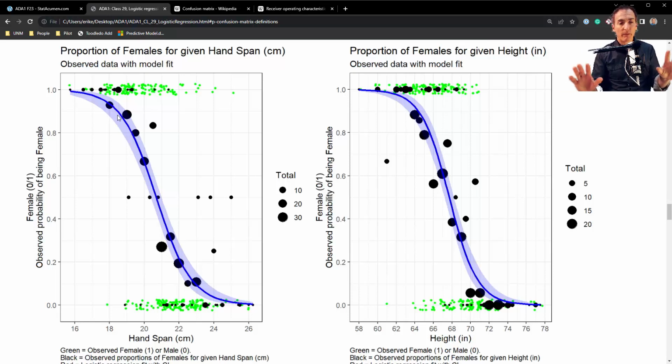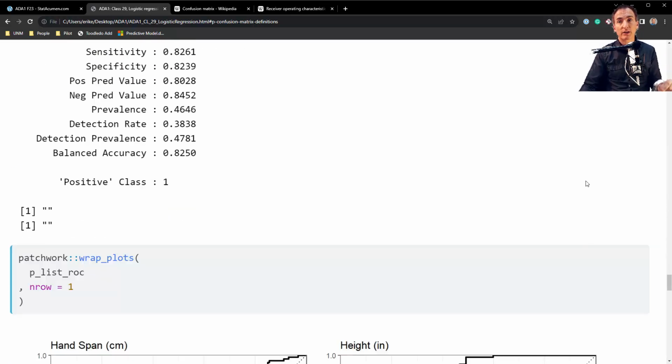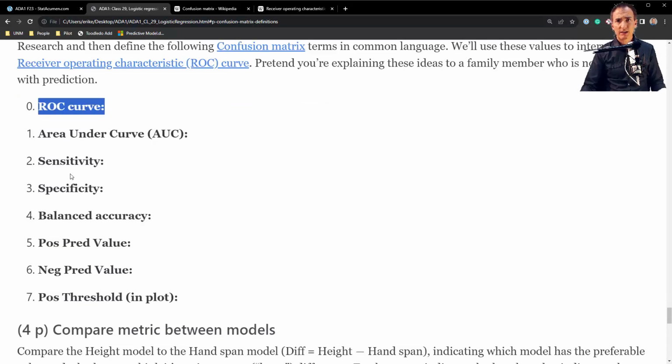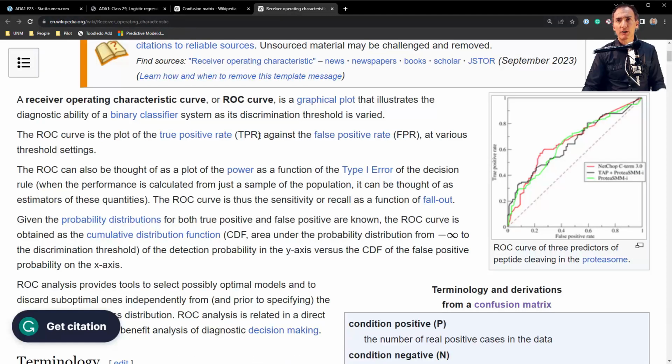Do I want to maximize the total accuracy in both groups, or do I want to make sure I'm classifying the females correctly and I'm willing to make errors for males, or vice versa? Okay, so depending on what you're trying to predict, you may have different goals. All right, so let's get into these definitions so that we can talk more specifically. All right, so the ROC curve is just this whole curve.